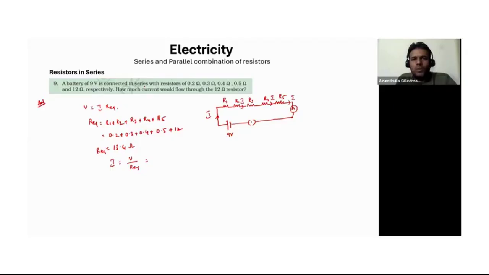So 1.4 plus 12 is 13.4. All right, so what is the voltage? 9 volts by 13.4. I don't know if we can simplify this.